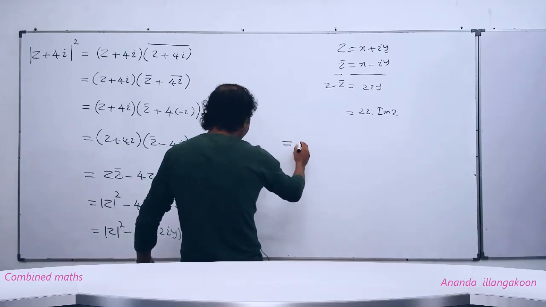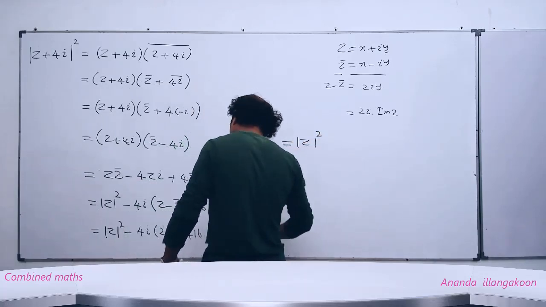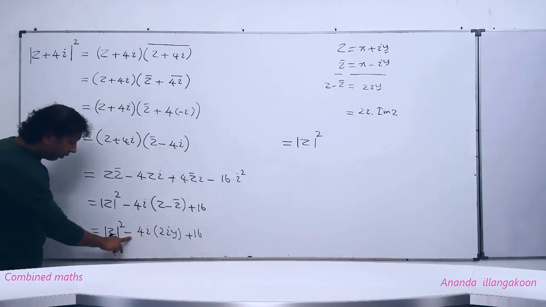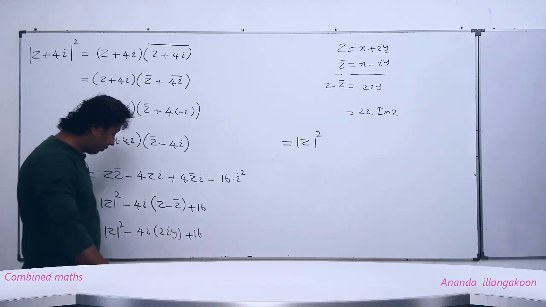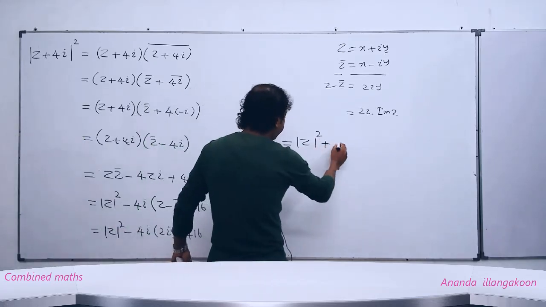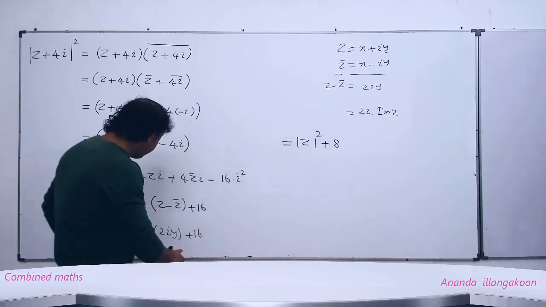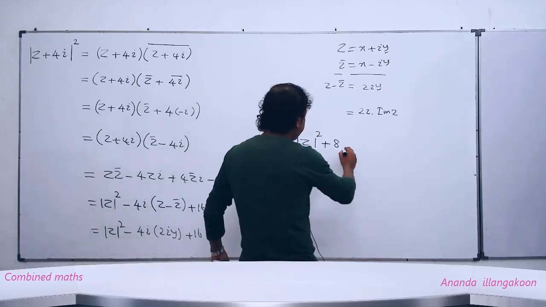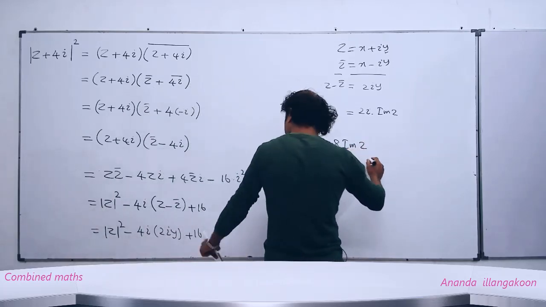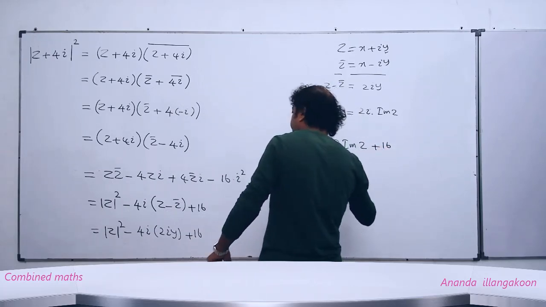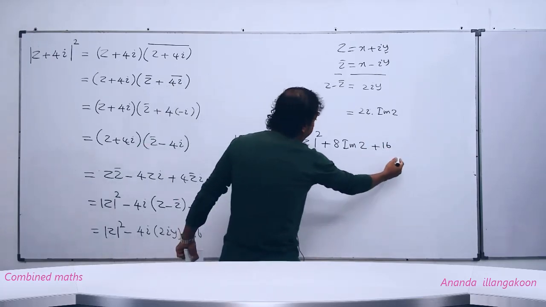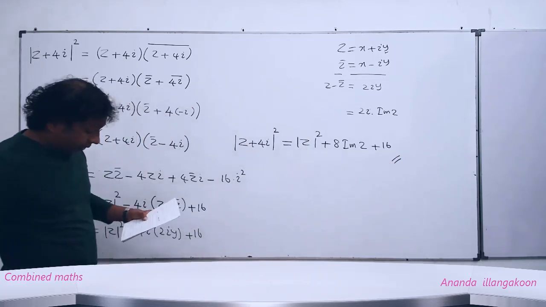Then we get mod Z squared plus 8 times Y, the imaginary part of Z, and plus 16. This is the mod of Z plus 4I, perfect square. Correct, no? That answer is coming like that.